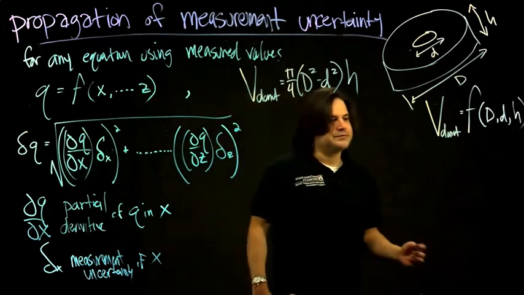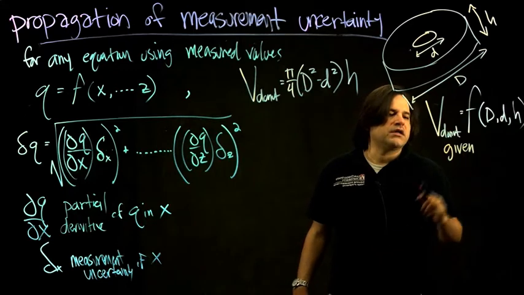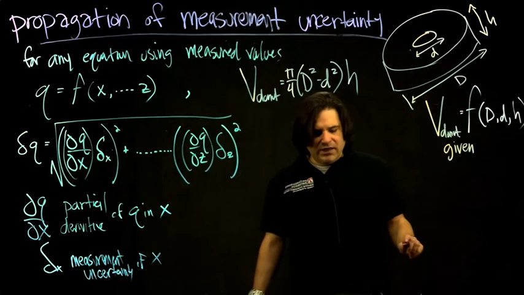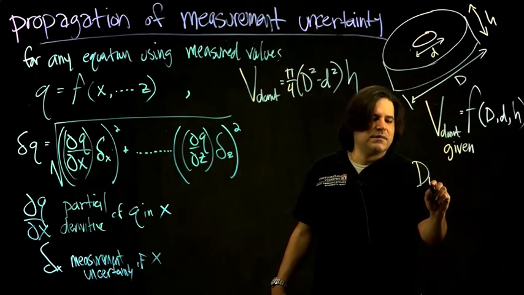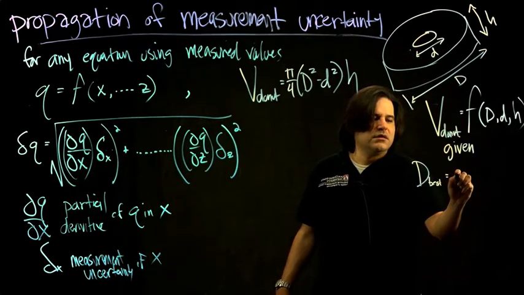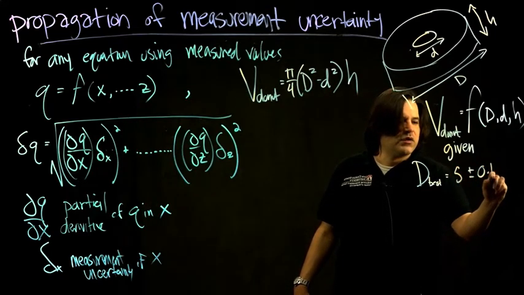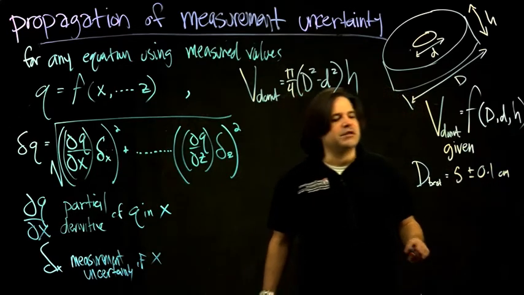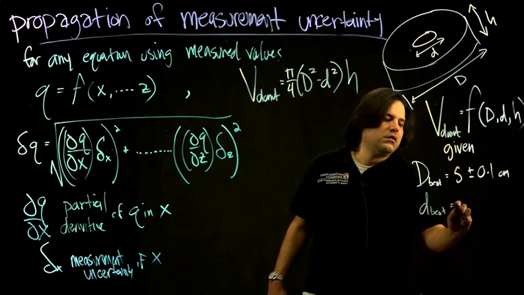So given, we go in the lab, we take our donut calipers, and we take measurements of big D, little d, and h, and what we got was that our D best of the outer ring is 5 centimeters plus or minus 0.1 centimeter. So that's our D best measurement. Our little d best of the hole is 1 centimeter.